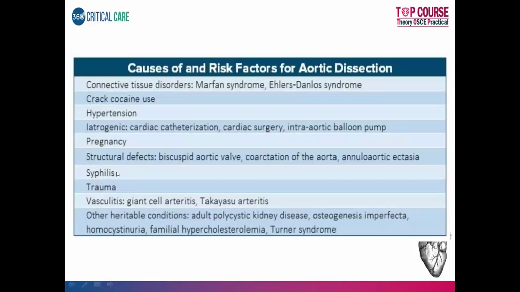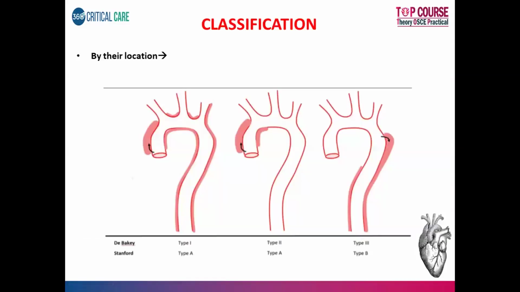Any structural defects in the heart like bicuspid aortic valve, coarctation of aorta or annuloaortic ectasia. Secondary to any complications of syphilis, trauma, vasculitis like giant cell arteritis or Takayasu arteritis, or any other heritable conditions like adult polycystic kidney disease, osteogenesis imperfecta, homocystinuria, or Turner syndrome.